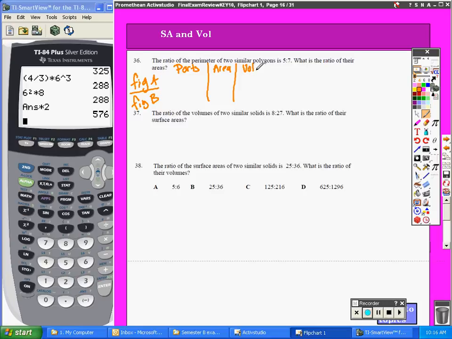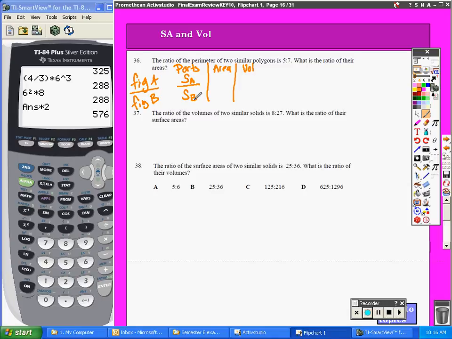And they're all going to be very similar to each other, but a little bit different. If you think about it, their parts are like one-dimensional things. So if I had a square to a square, I would just take a measurement of one of the sides, so I'm going to call that S, to another one of the sides of figure A and figure B. So side A to side B.